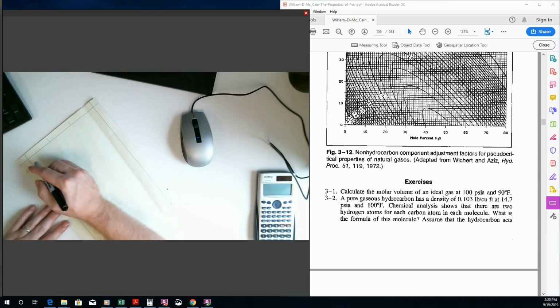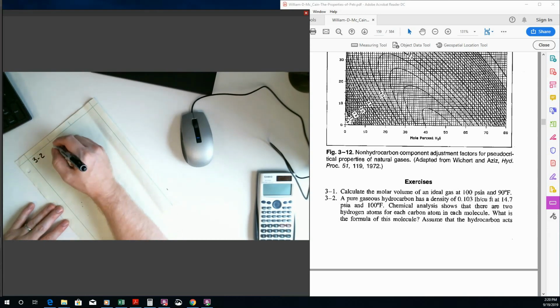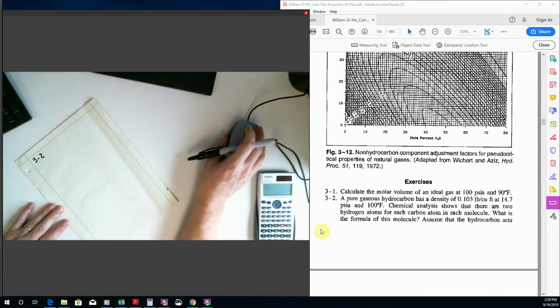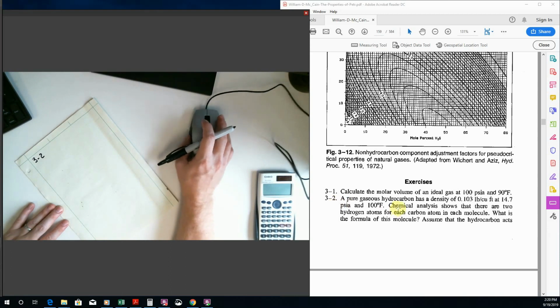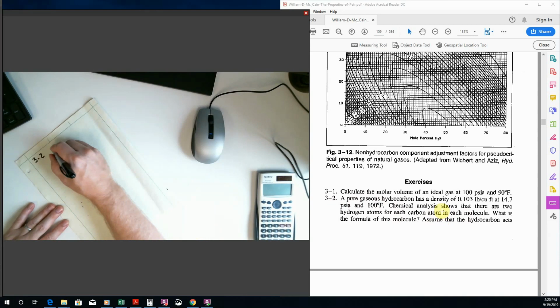Okay, back to chapter 3. Let's look at 3-2. This one requires a little bit of knowledge from chapter 1 because we're trying to figure out what kind of molecule we've got. So we've got a hydrocarbon.